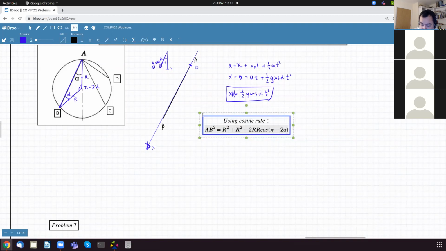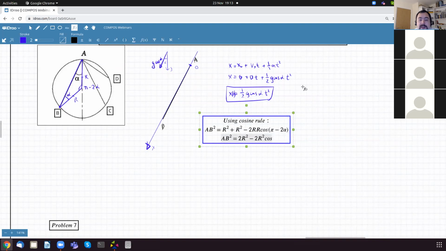Okay, so this simplifies to AB squared is equal to 2r squared minus 2r squared cosine.